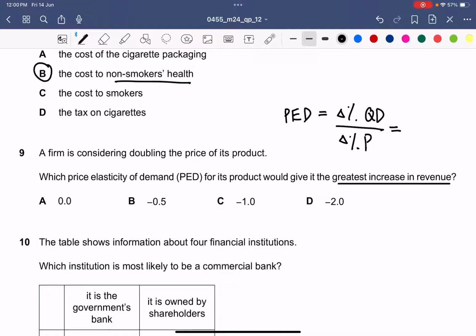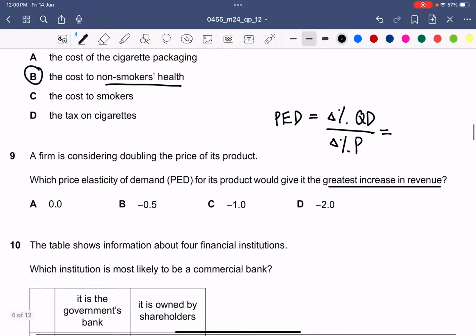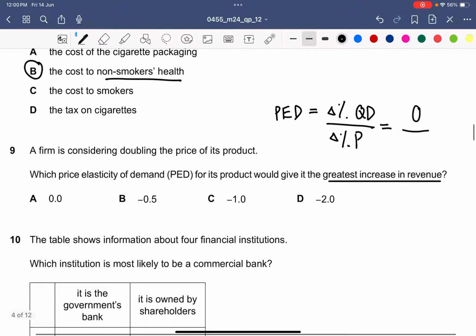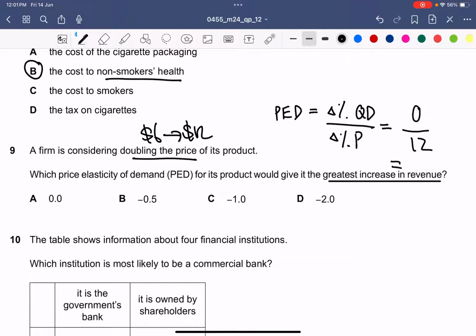It means that this one is the price inelastic demand. Yes, so this should be 0, and this can be anything, doubling the price. Okay, we say initially it may be 6, now we become 12, so we put 12, it is 0.